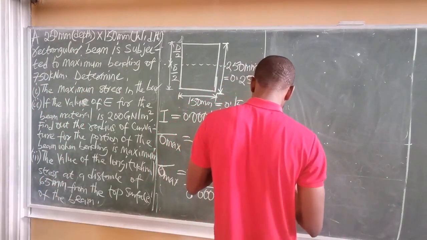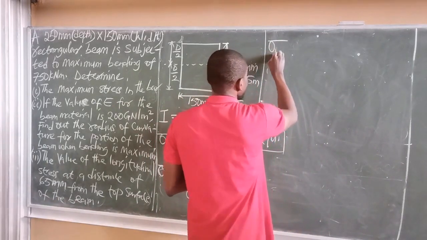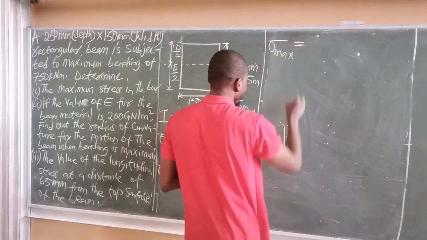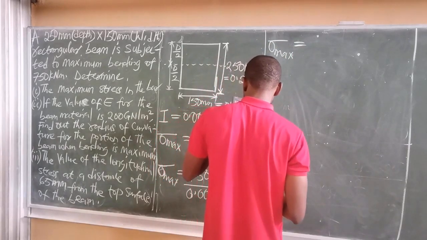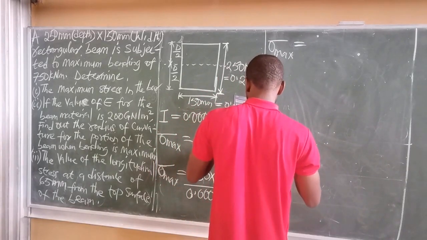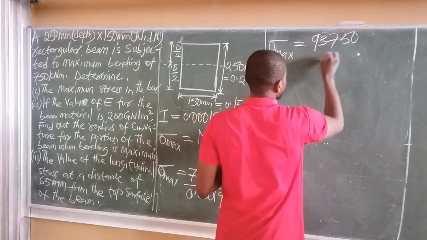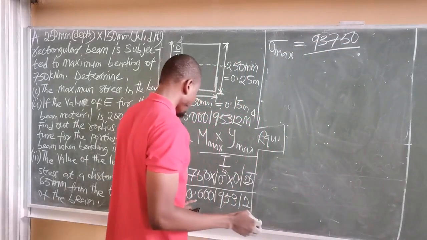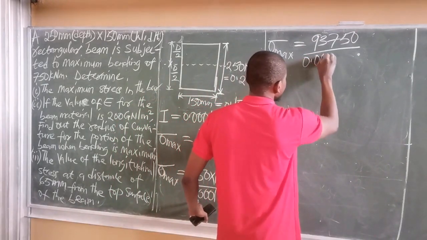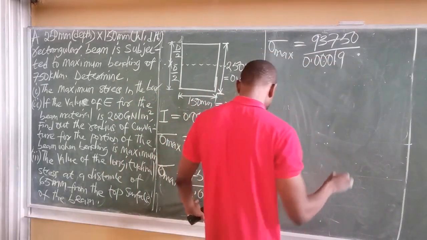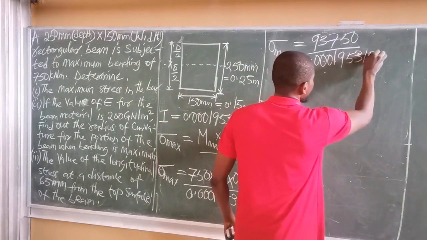So that gives us that the maximum stress sigma max is now equal to 93750 divided by the value for the moment of inertia, which is 0.000195312.